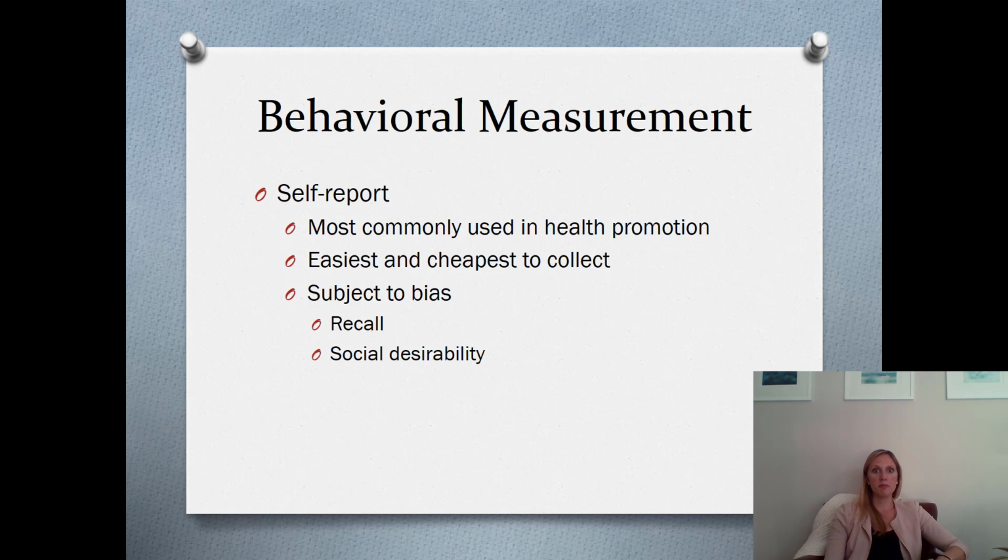People more or less know what they're supposed to be doing in terms of health. And so if they're part of a public health program, or you are part of a team of physicians or healthcare professionals that are asking them about their behaviors, people are going to know what you want to hear and they're going to want to comply with that. So it can be really tricky.